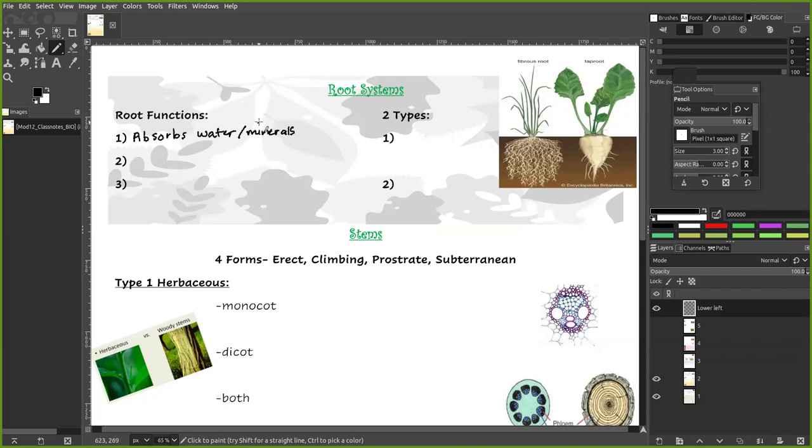The second is it anchors, holds it down, anchors the plant. And number 3, it's a place for storage. So an example of this storage would be a carrot. When we eat the carrot, we're eating stored food in the carrot.